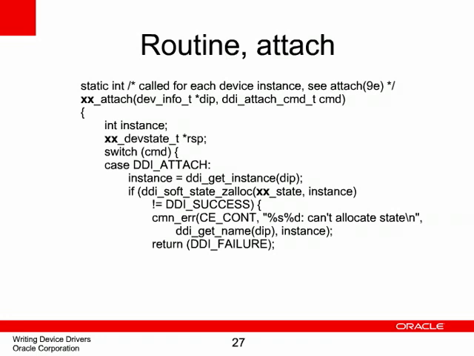But attach can get called for every instance, and it needs to be carefully crafted, and you may need to use mutexes or condition variables to protect sensitive data, since you can interrupt an attach routine by another instance of the attach routine. So you need to be careful about the state of the device. In this particular case, we're just allocating space for the software state of this device driver and its name, and not doing much else.